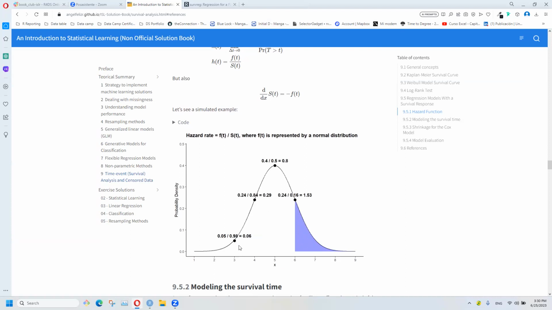At 6, the probability density is 0.24, and the probability to get the event after that time is 0.16. And the hazard rate would be 1.53. So as you can see, it always increases as time increases.